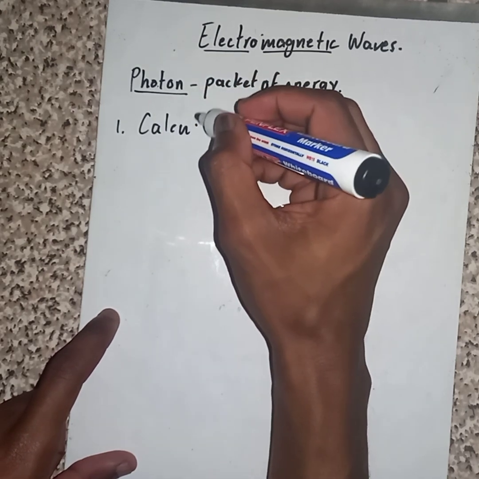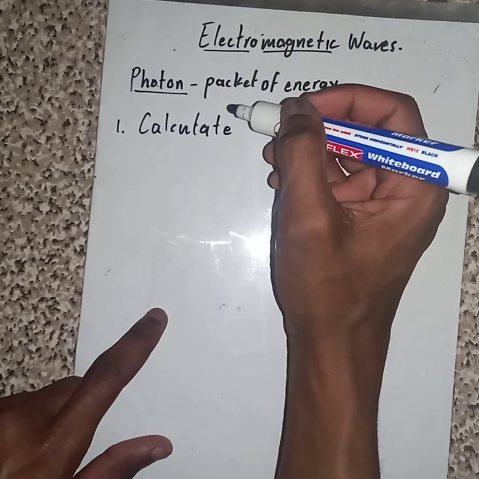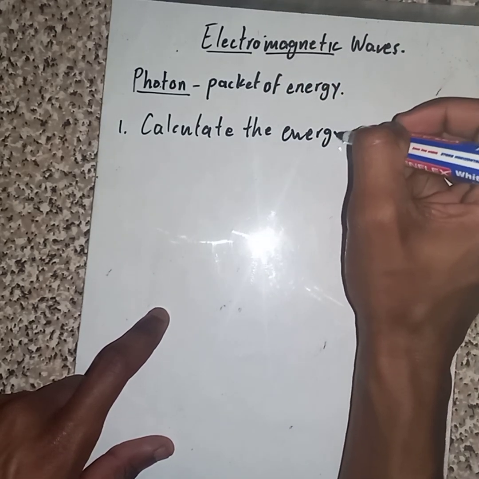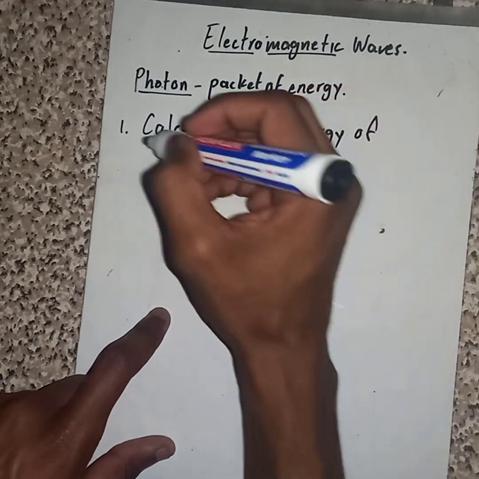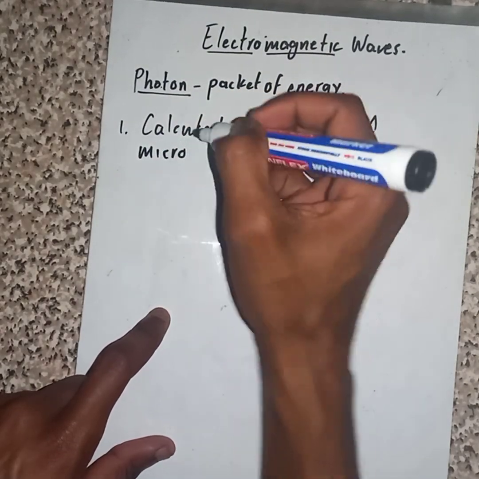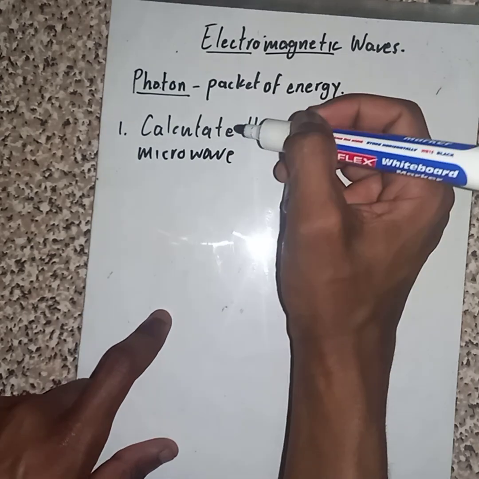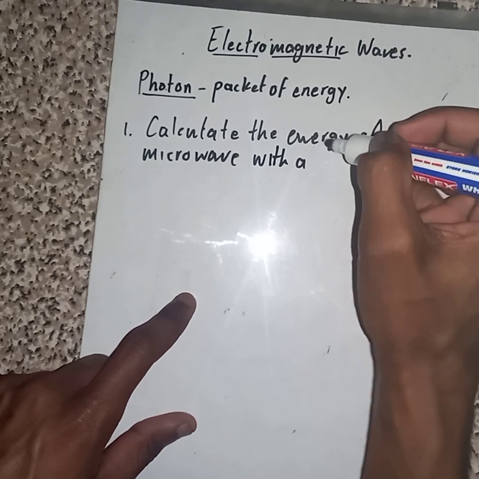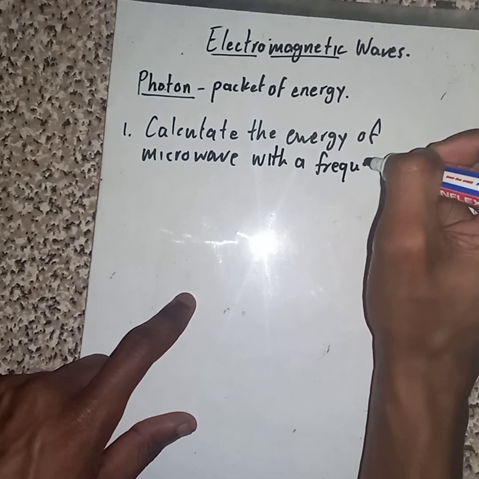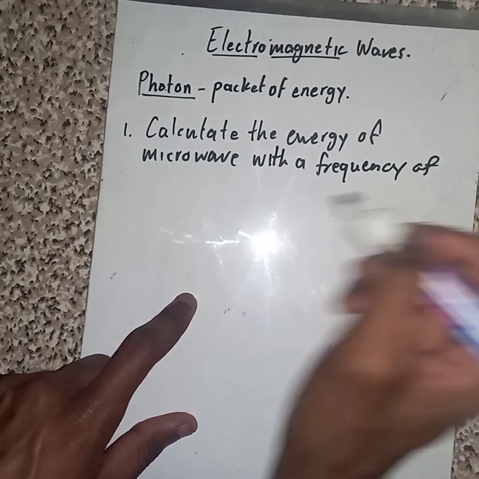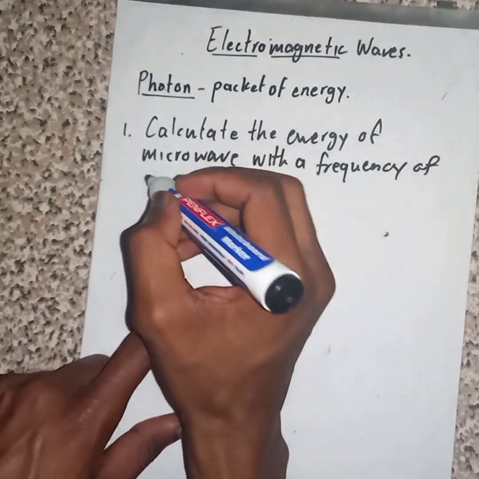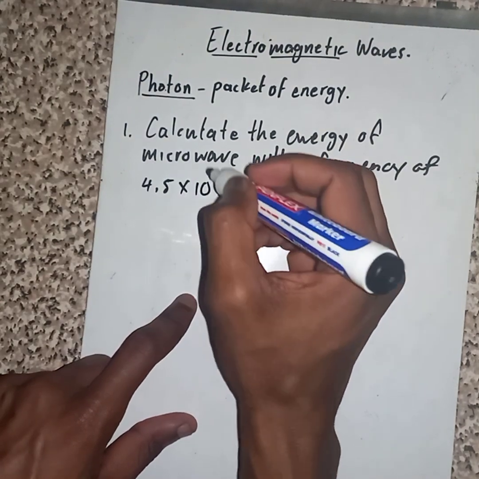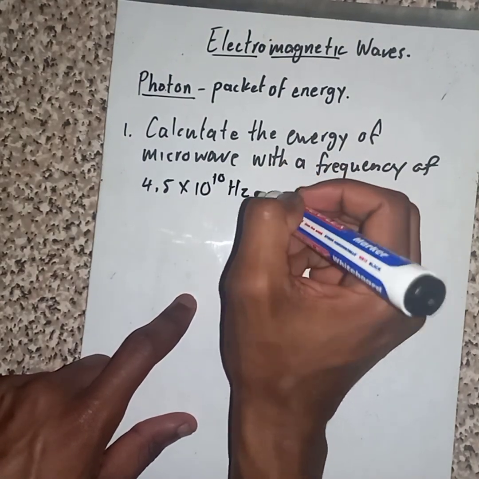Calculate the energy of a microwave with a frequency of, let's say, 4.5 times 10 to the power 10 hertz.